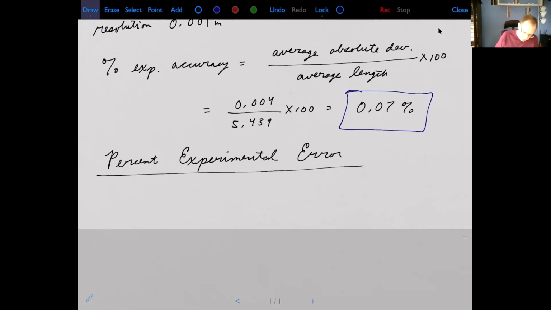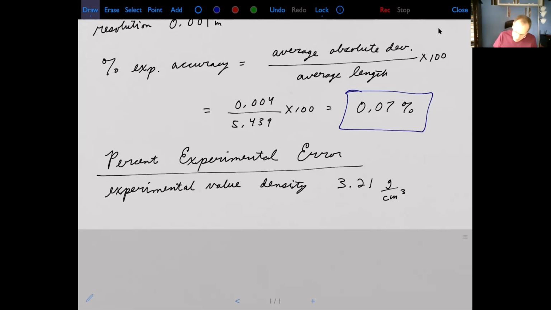So let's say we did an experiment and we found the experimental value for density, let's say we're measuring density, to be 3.21 grams per centimeters cubed, right? It was some metal, let's say.